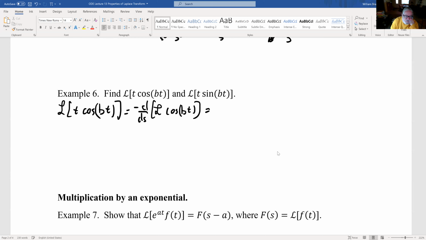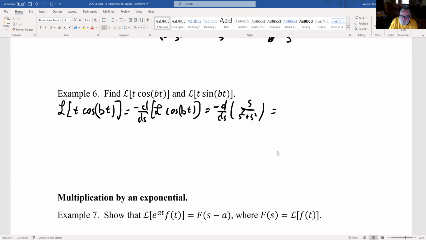And that's equal to, the Laplace transform of cosine is s over s squared plus b squared.